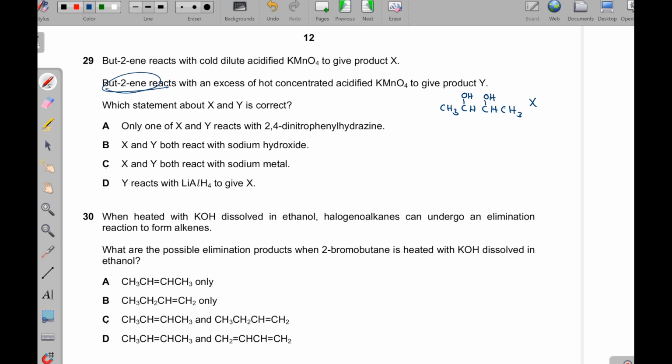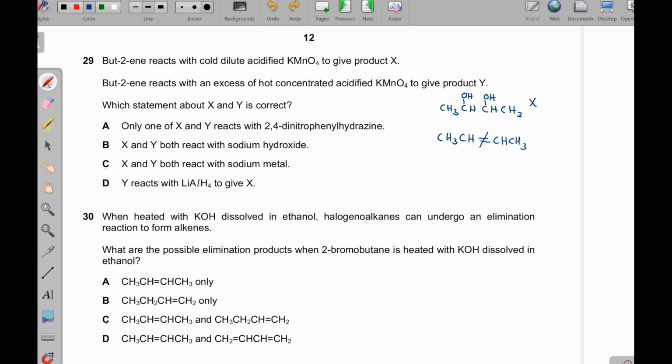Then but2-yne reacts with excess hot concentrated acidified potassium permanganate. Now with this one here, the double bond is completely broken down. Then when it is broken down, oxidation takes place here and here. Now you are going to get an aldehyde from this end, and also here an aldehyde.